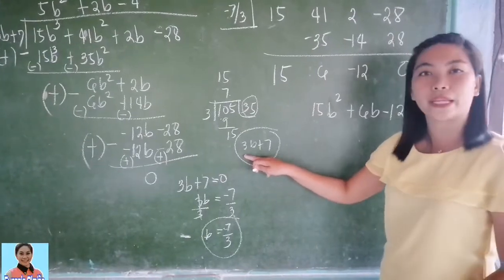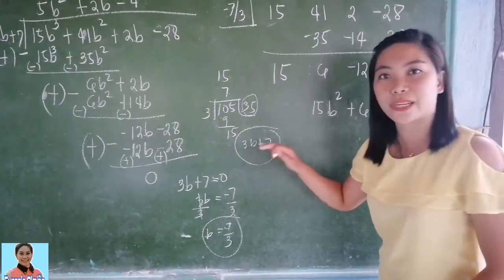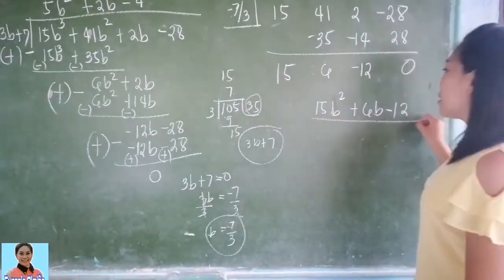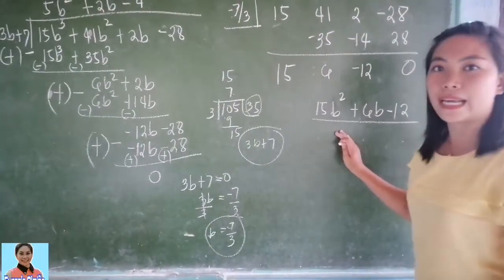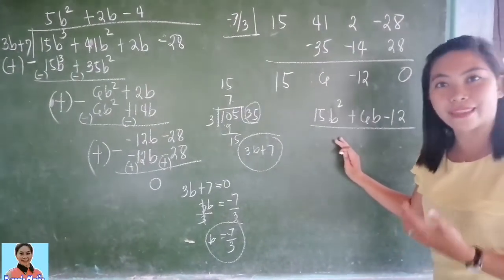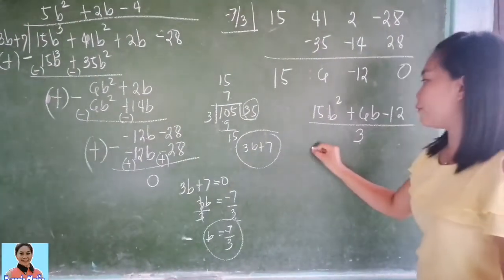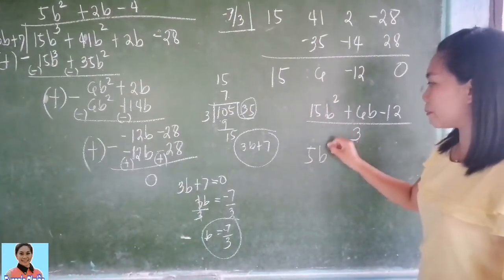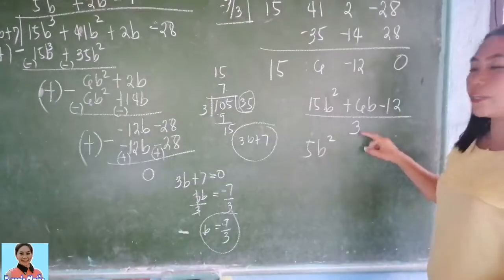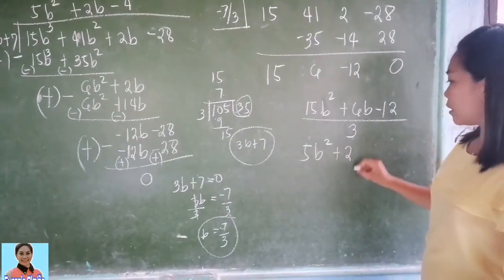So, since the numerical coefficient of our divisor is 3, therefore, this quotient is not yet final since we are going to divide this by 3. So, 15 divided by 3, we have 5. Then, copy, of course, b squared. 6 divided by 3, you have 2. So, positive 2.